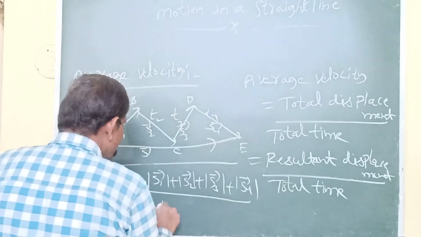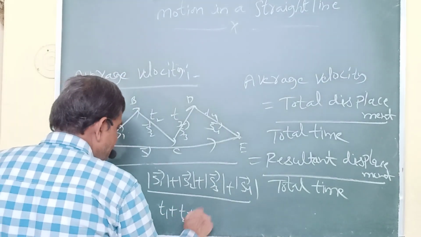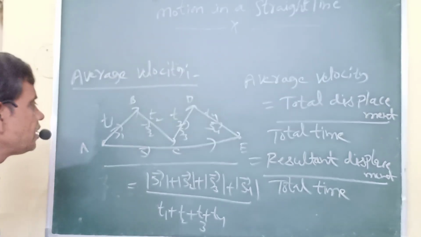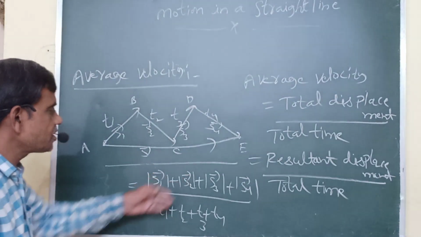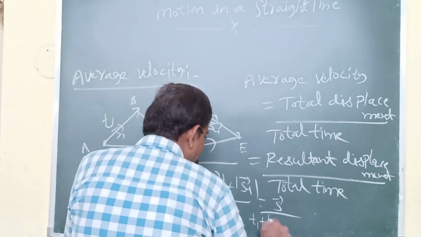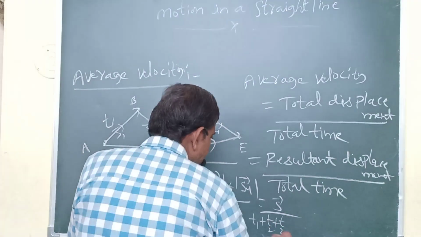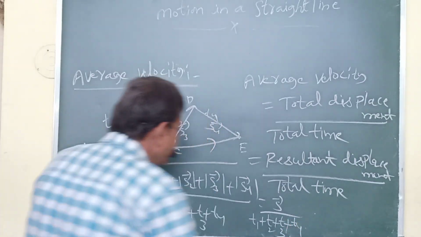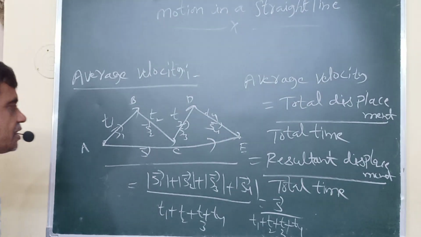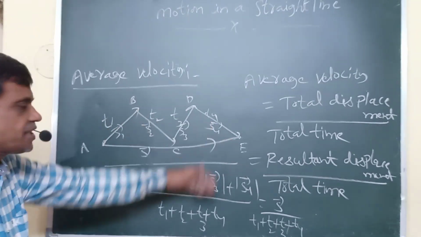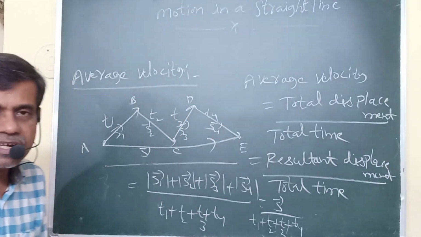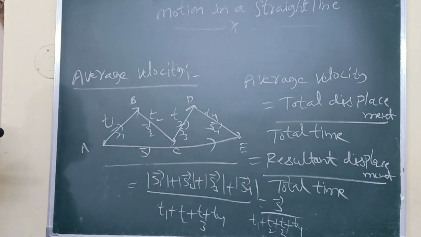What is the total time? T1 plus T2 plus T3 plus T4. So this is called average velocity: resultant displacement S by T1 plus T2 plus T3 plus T4. From A to E, total displacement by total time is called average velocity.